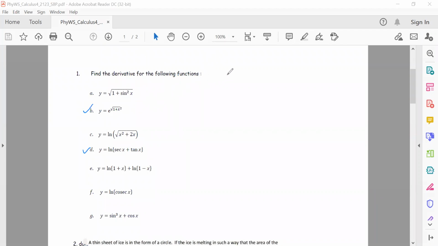So question number 4. See, y is equal to e raised to the power square root of 1 plus x square. Here we can think of it like this: take square root of 1 plus x square as z. So y is equal to e raised to the power z.